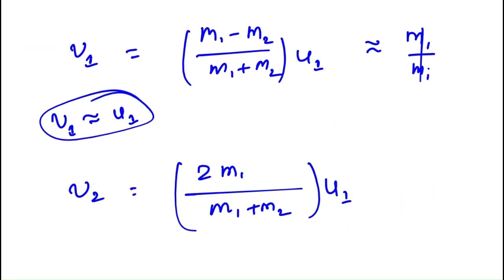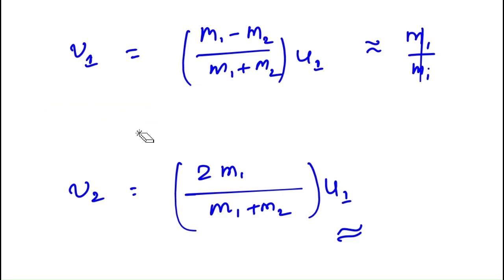This is a kind of rough approximation. If you calculate with exact values, even if it is much bigger, you are still going to get some fraction. But we are taking approximate values to keep our discussion simple.